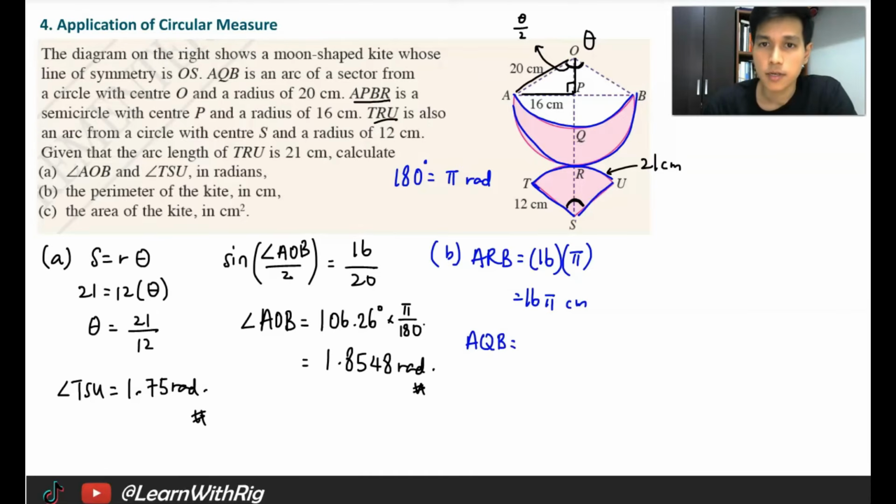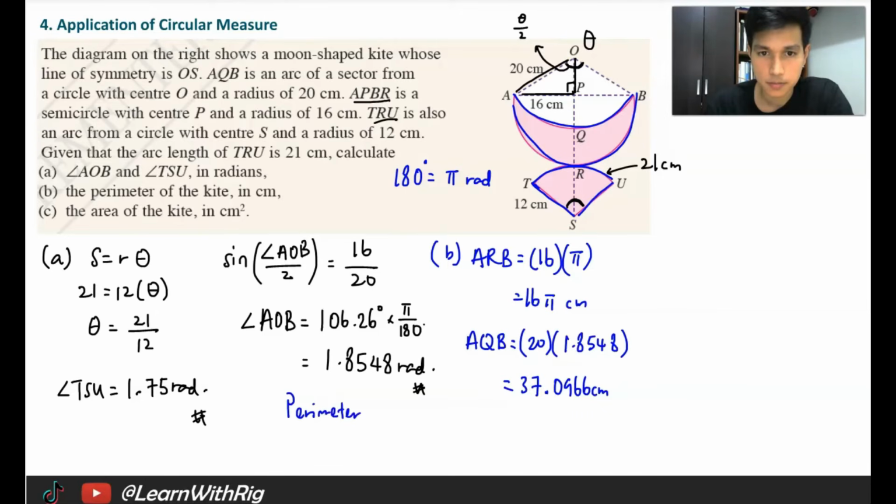After that, you're going to find AQB. AQB is using the sector, and the radius is 20. Theta is the AOB you found, so it's 1.8548. Your answer is 37.0966 cm. So you want to find perimeter.